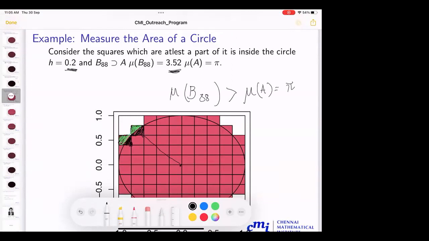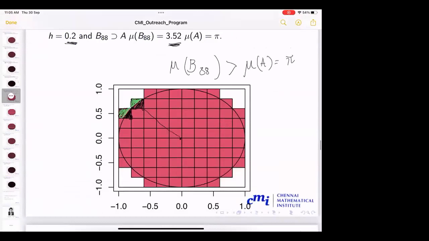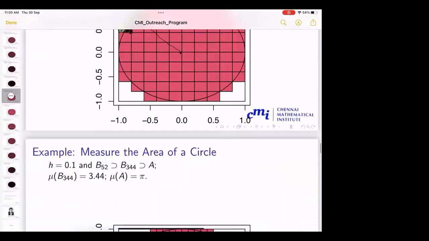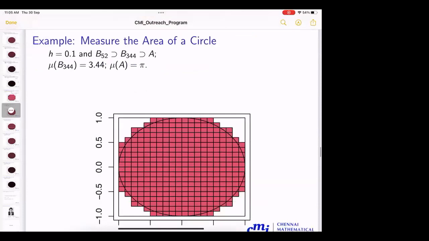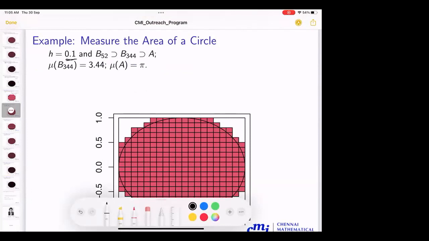Okay. Now, I took the same strategy. Now I reduce h to 0.1. Now I got 344 such squares. Now this B344 is a set which is a subset of B88.